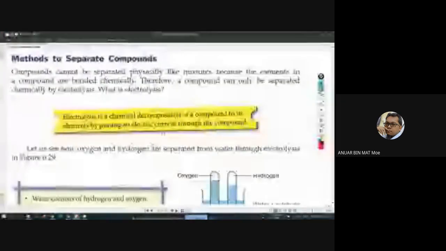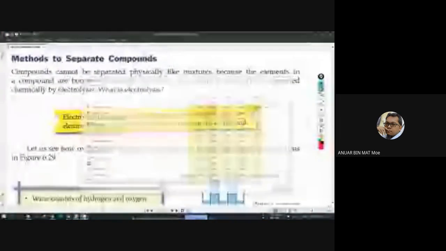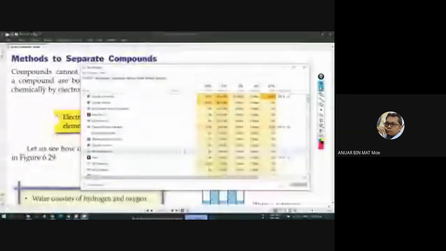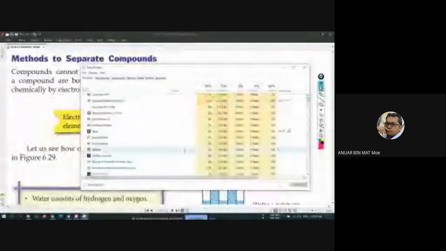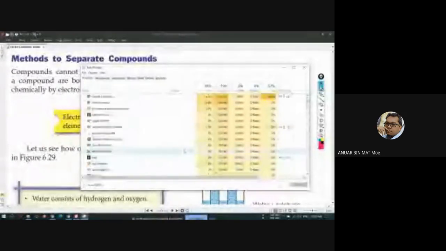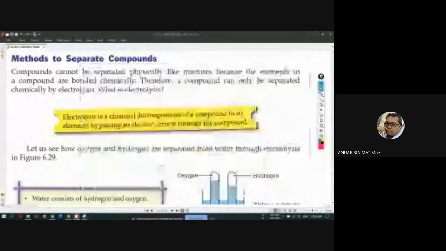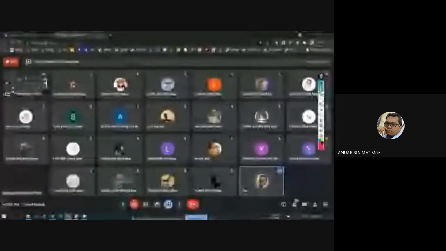Wow, so bad today. Why does the CPU take so much memory? What happened? What's happening? Entire screen.